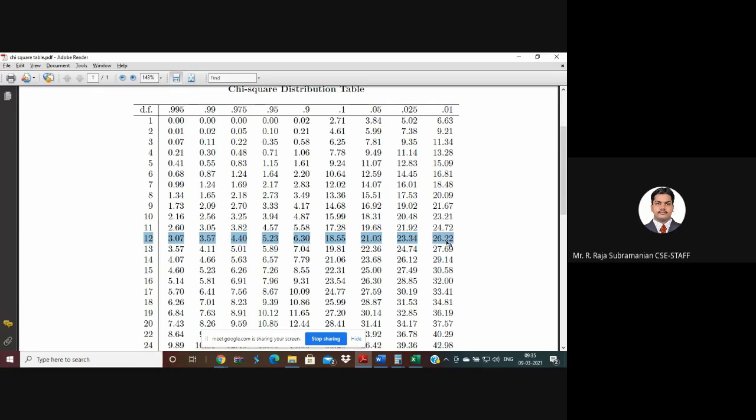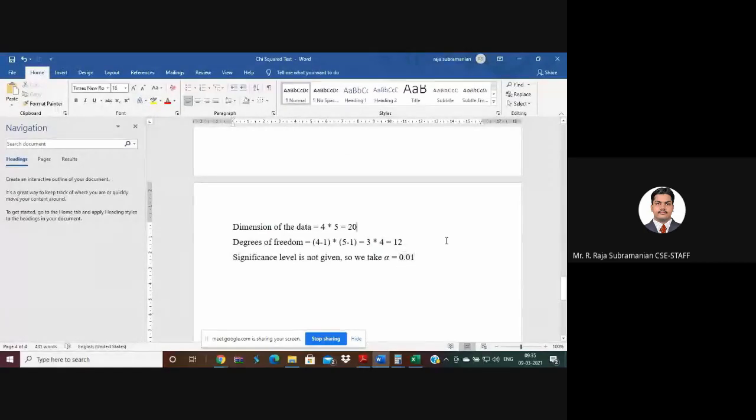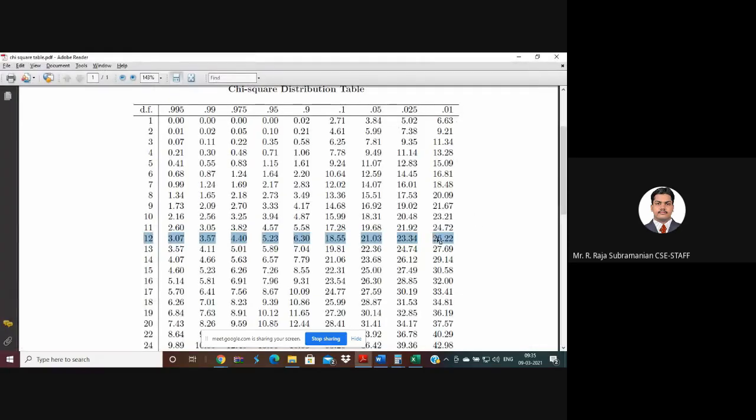Now you are going to check whether it is going to be accepted or rejected, right? Now 26.22 is here. What is the value we obtained over here? 21.952 is actually our value, and what is given here? 26.22, right? Now I said you can take the significance level between 0.01 to 0.05.